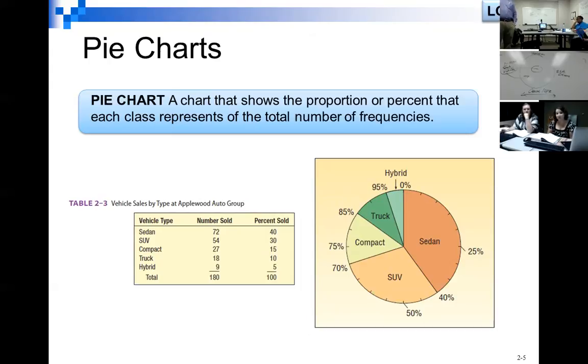They're using colors to identify what relationship. So here, SUV is going to be approximately 30% of this total circumference shaded in with SUV. Thank you for clarifying.